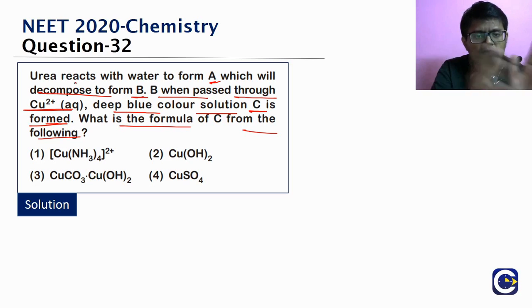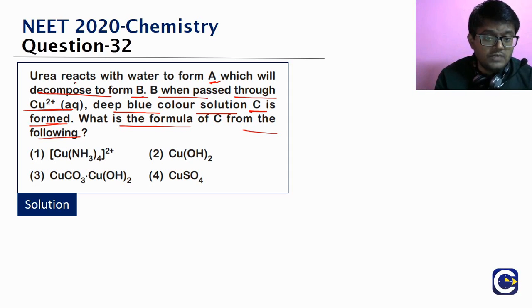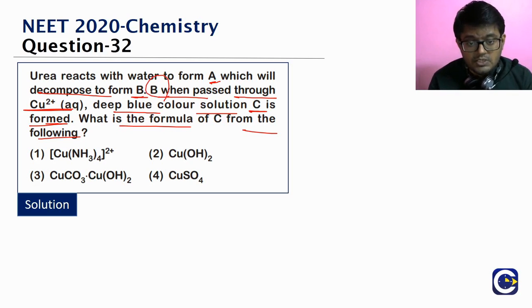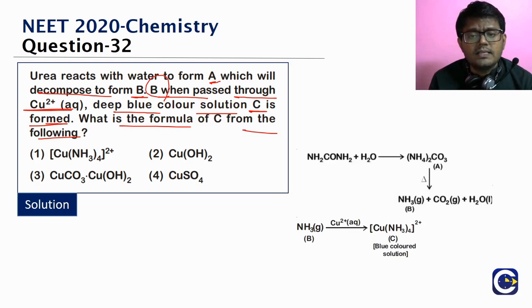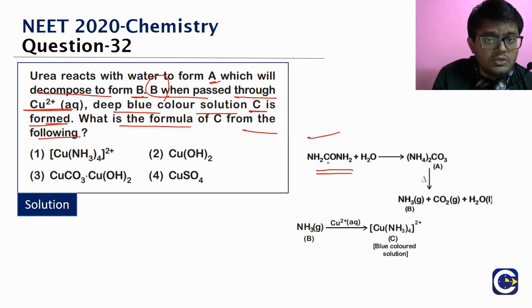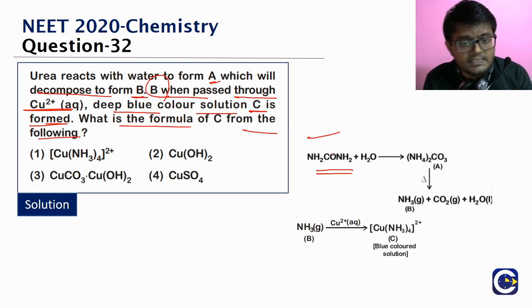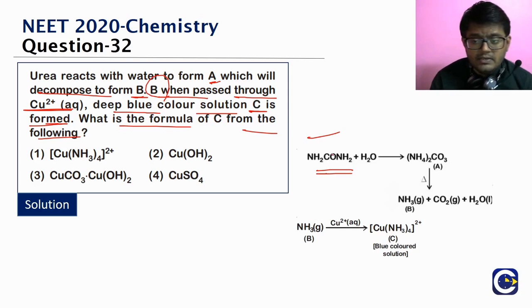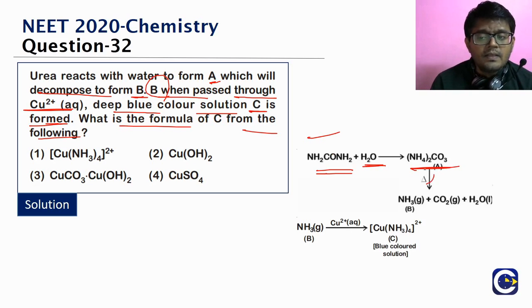Of course, we have urea reacting with water to form A. Then A will decompose to give us B. So this B must be what? The ammonia gas. So look at this. What is the urea formula? NH2CONH2. In fact, this is the first organic compound to be synthesized inside the laboratory. Okay. So urea, when it is reacting with water, will form ammonium carbonate, which is thermally less stable.